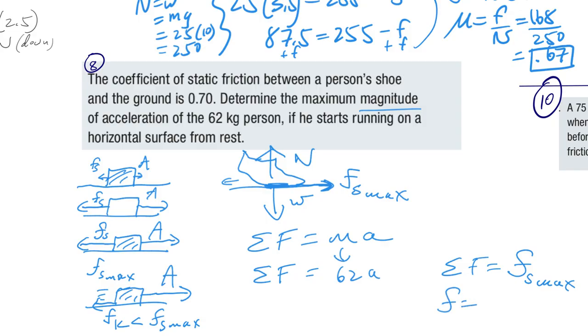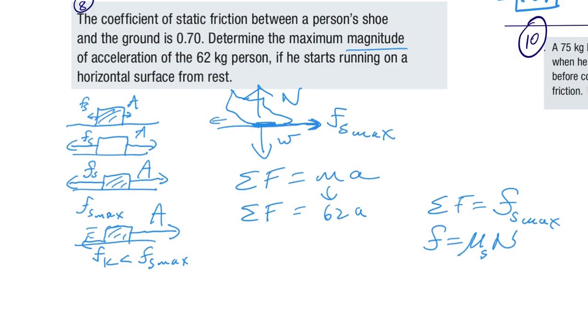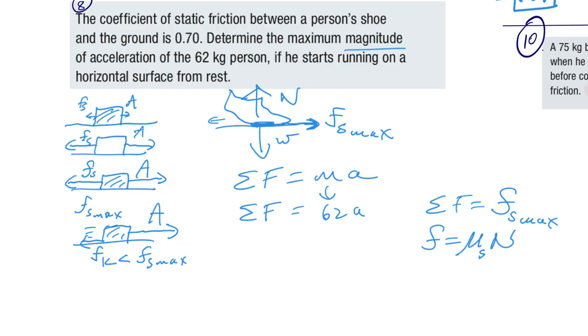The maximum static friction is mu times the normal force, so that's the static coefficient of friction. The normal force is actually going to be the weight. Simplify this. This is equal to the weight, and the weight is equal to mg.